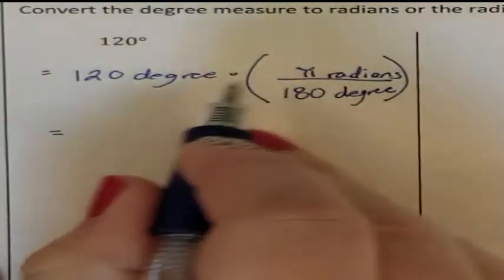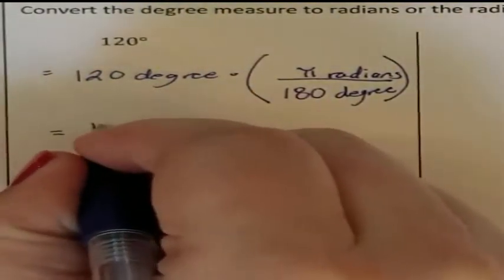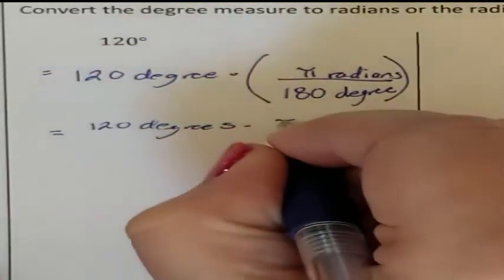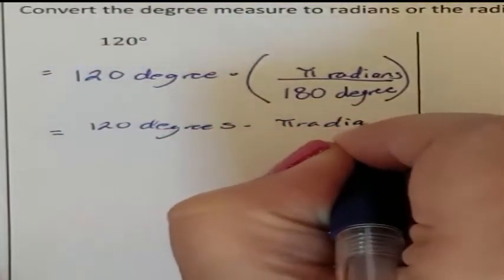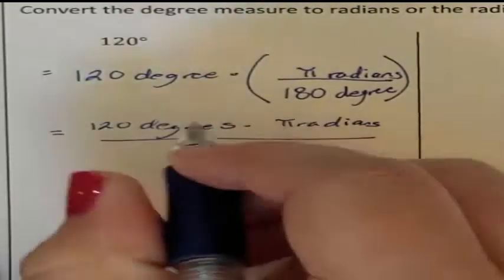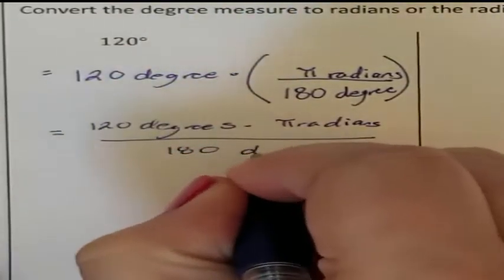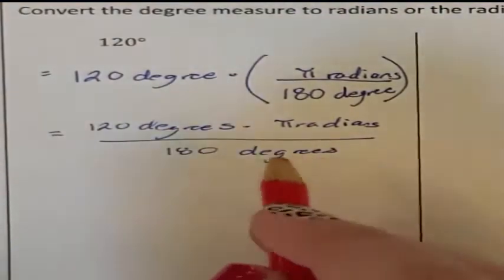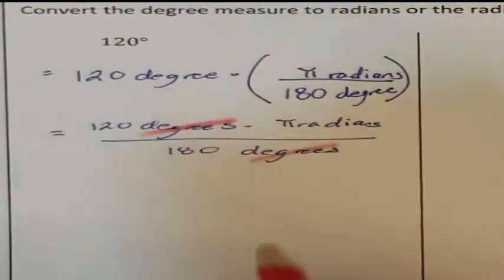So multiply my fractions straight across. I have 120 degrees times pi radians in my numerator, all over just 180 degrees in my denominator. A degree in the numerator and a degree in the denominator, these one each other out.